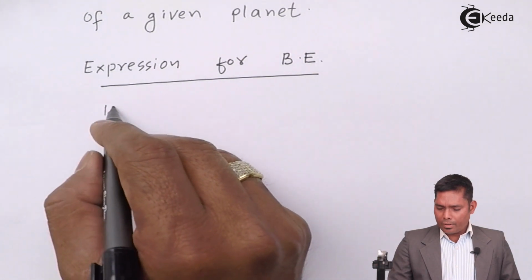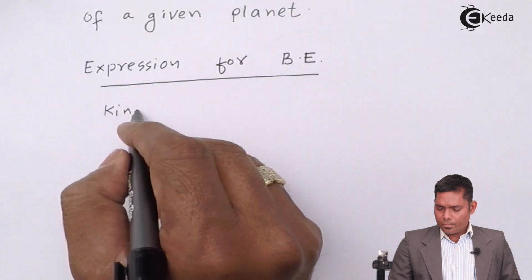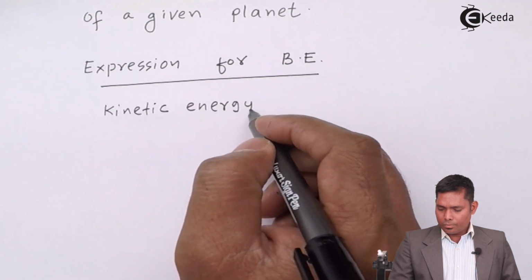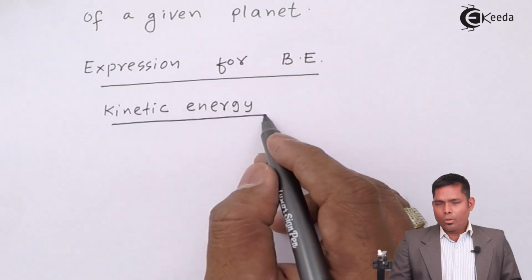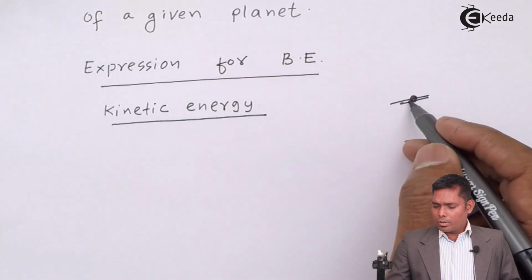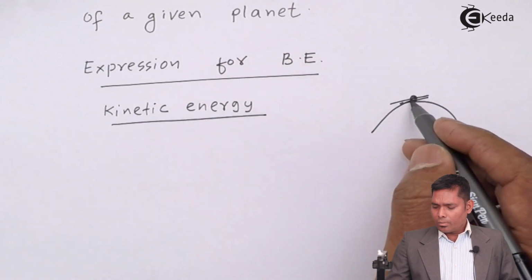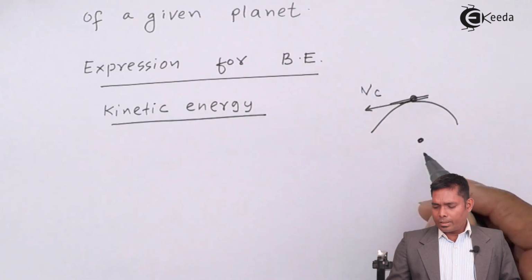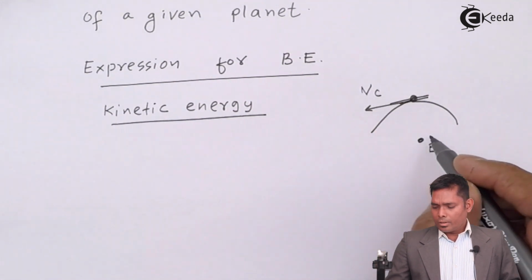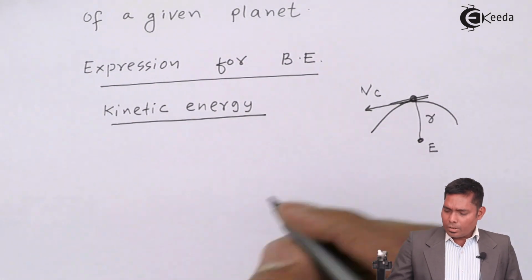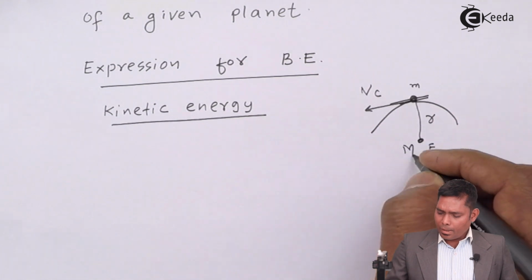First of all, we'll find the kinetic energy of the object, obviously the satellite, which is revolving around the planet Earth. The orbital distance is small r, the satellite's mass is small m, and the planet's mass is capital M.